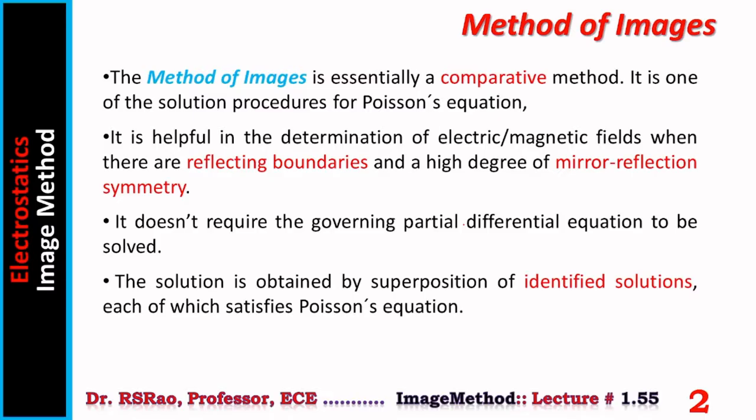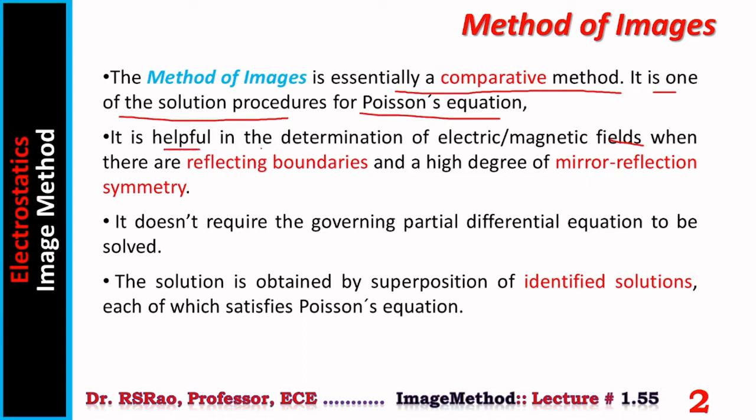Before going deep into the topic, let us consider a few basics which are essential. Image method is also known as the method of images. It is essentially a comparative method. It involves comparison between two configurations. It is one of the solution procedures for Poisson's equation.